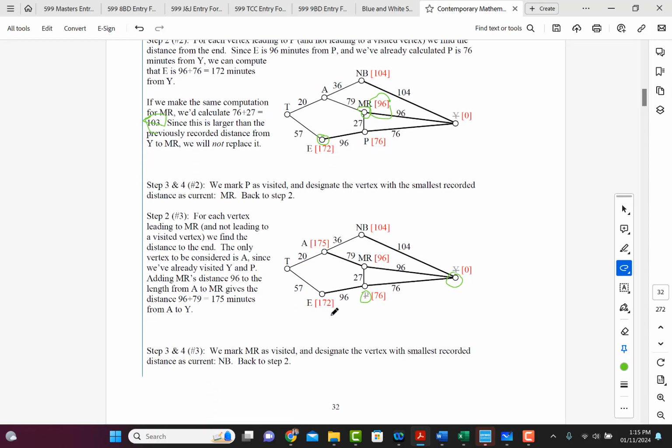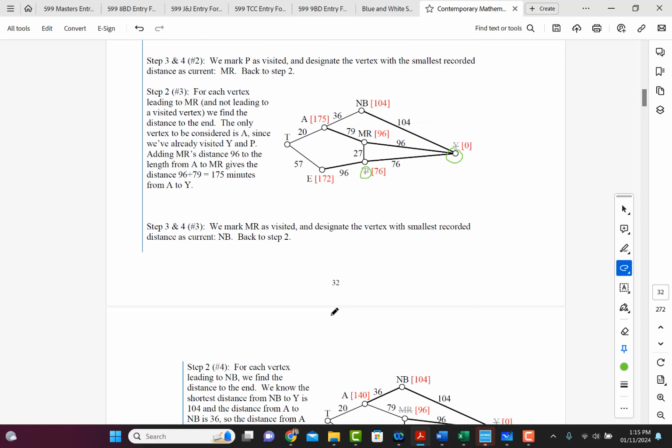What do we do from here? Well, follow the algorithm. So steps 3 and 4: we mark MR as visited, and now we designate the vertex with the smallest recorded distance as current.